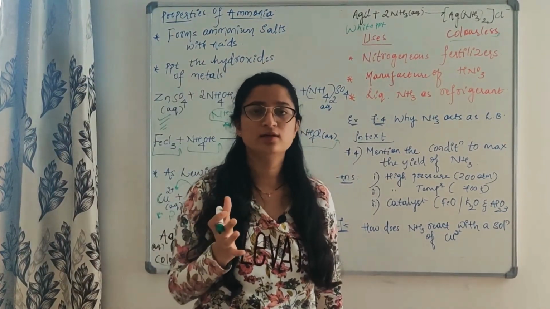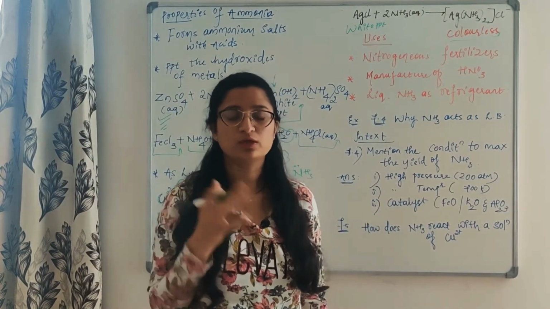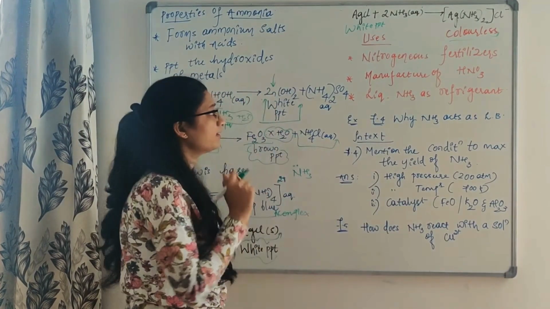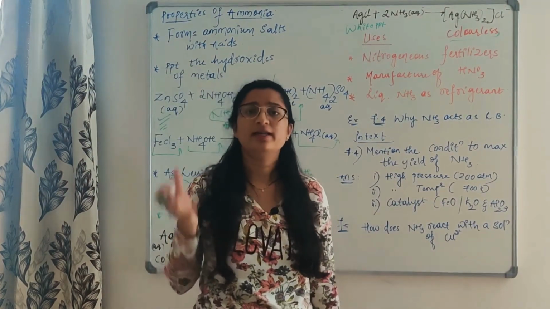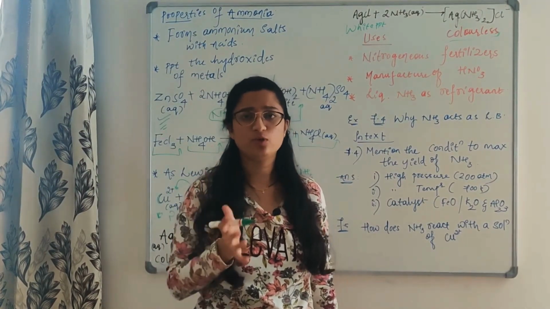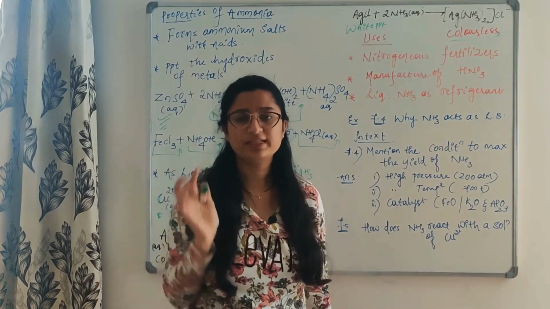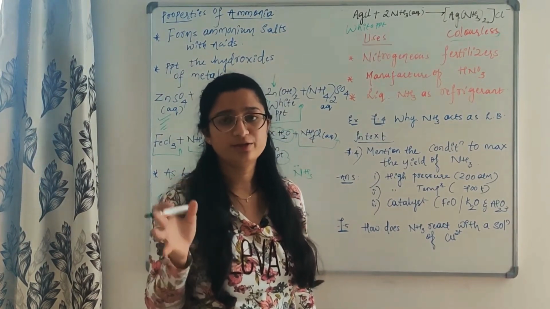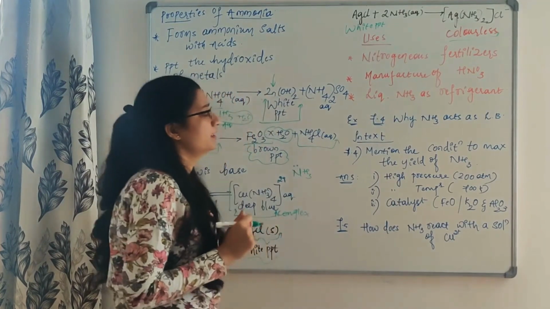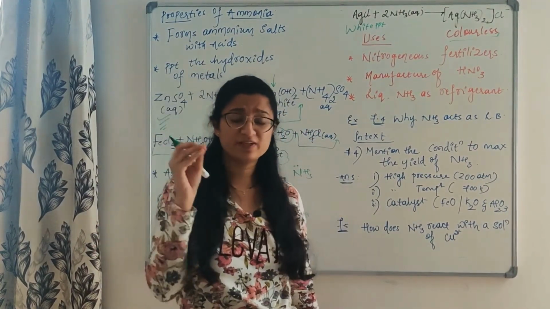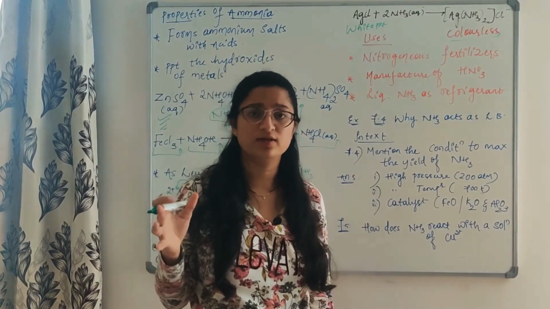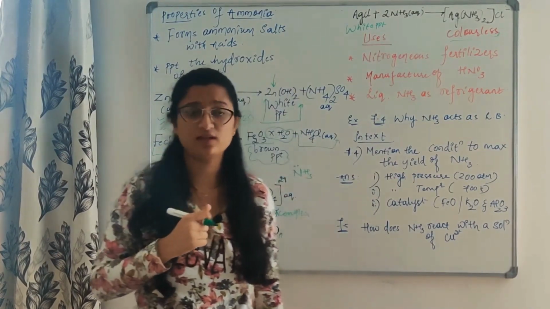Where all these ammonia molecules or compounds are being used: the main thing is it is used in the nitrogenous fertilizers like ammonium sulfate and urea. So these are the nitrogen fertilizers. The second one is in the manufacture of many organic compounds, especially ammonium related compounds are synthesized using this NH3.